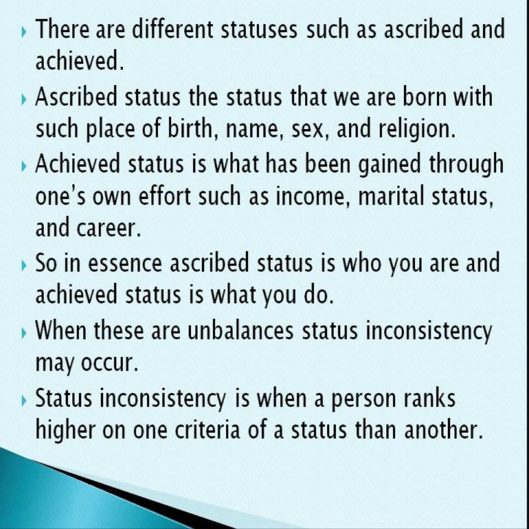So, in essence, ascribed status is who you are, and achieved status is what you do. When these are unbalanced, status inconsistency may occur. Status inconsistency is when a person ranks higher on one criterion of status than another.